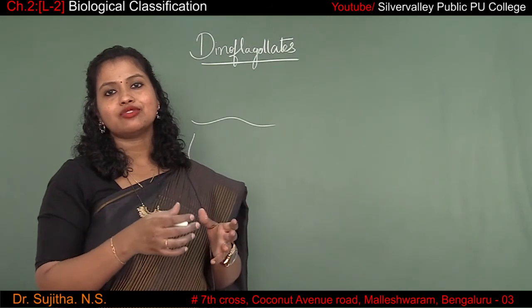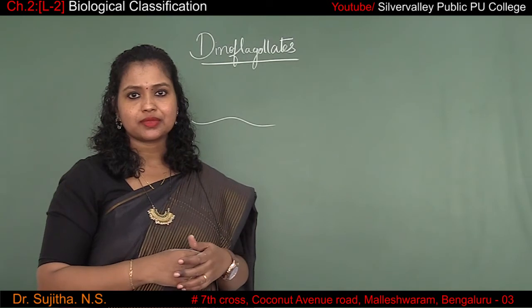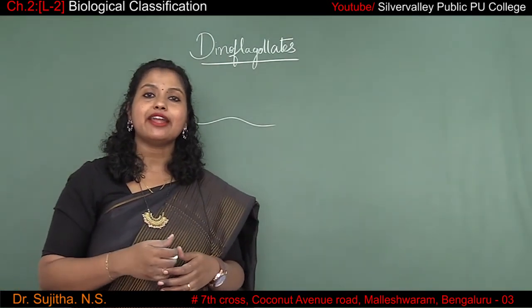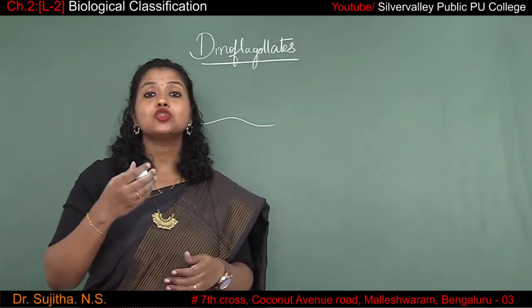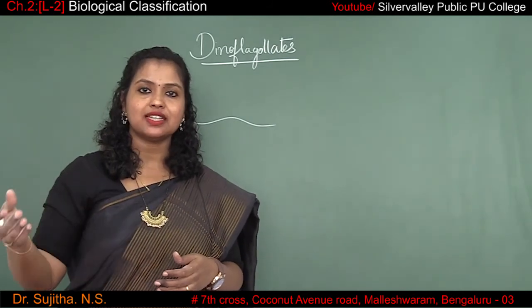So as a result, the entire portion appears to be red. But if the population of these red dinoflagellates increases and multiplies rapidly like this, it is also harmful for the other living organisms present in the sea.